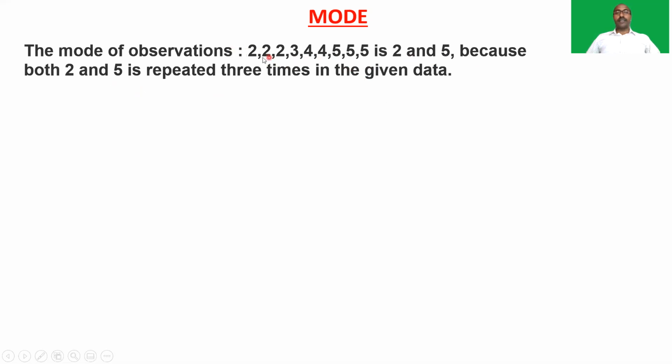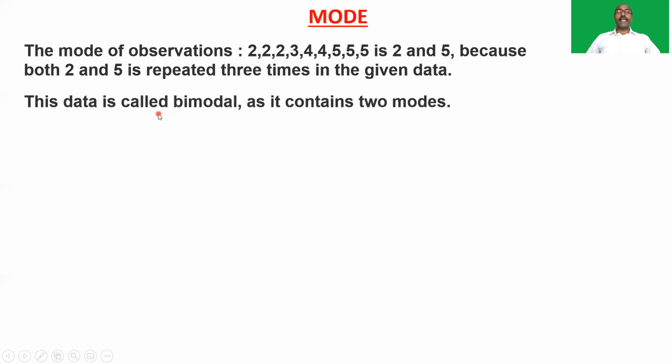So the modes of this given data are 2 and 5. As the data contains two modes, it is called bimodal.